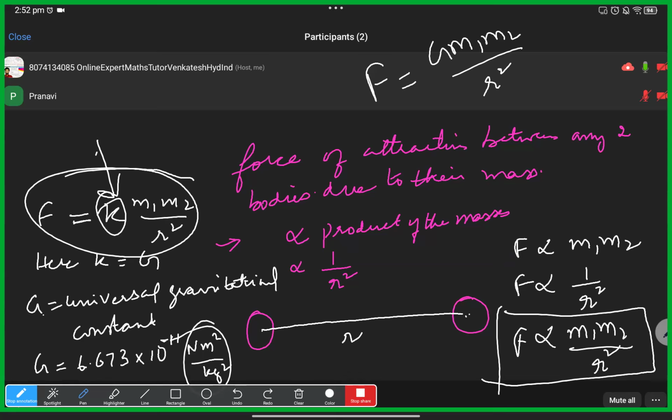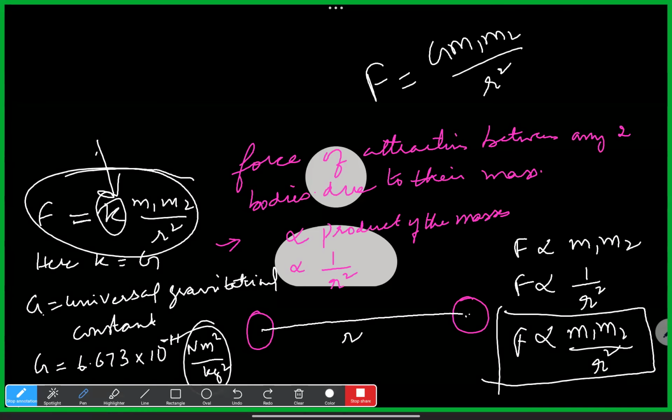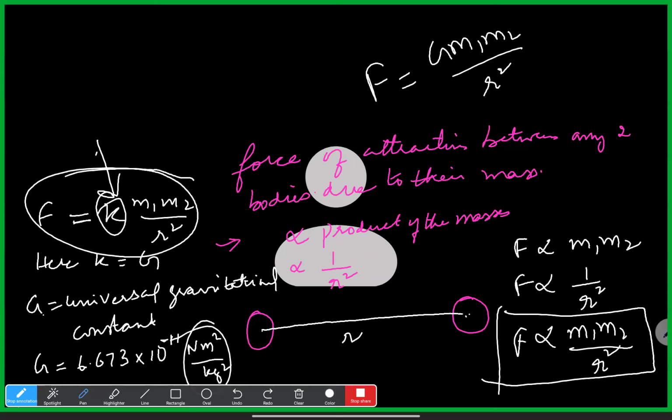Means 100% there is a force of attraction that acts between any two objects, because the main reason is their mass. Anything that has mass, 100% attraction will be there between that mass and some other mass. So the force mainly acts along the line joining the centers of the two masses. Okay, Pranav? Yes, sir.